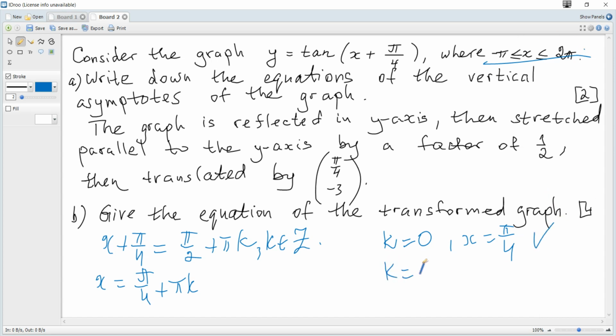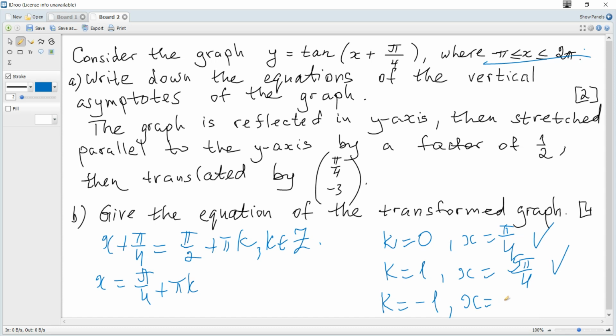But when k is 1, x is what? Pi over 4 plus pi is 5 pi over 4. It's less than 2 pi, so it's also a solution. When k is 2, it will be what? 2 pi plus pi over 4, it will be greater than 2 pi, so it's not a solution. But k also may be negative, so let's move in the negative direction. So when k is negative 1, x becomes what?